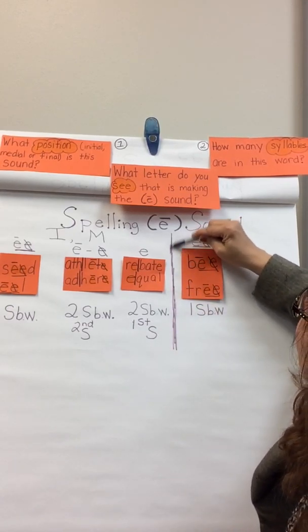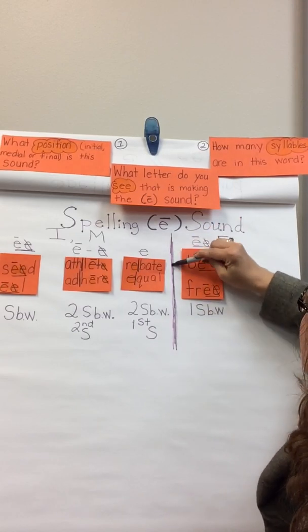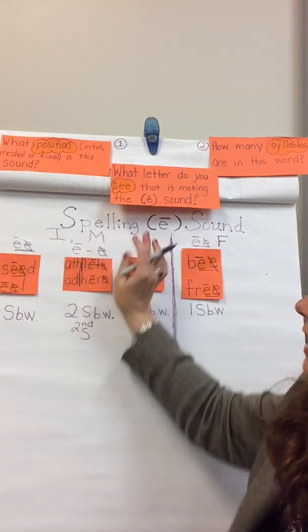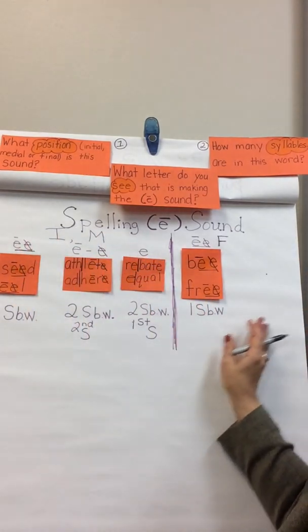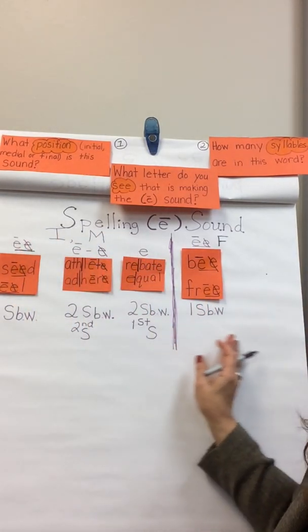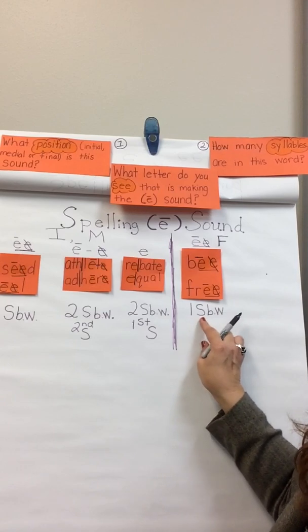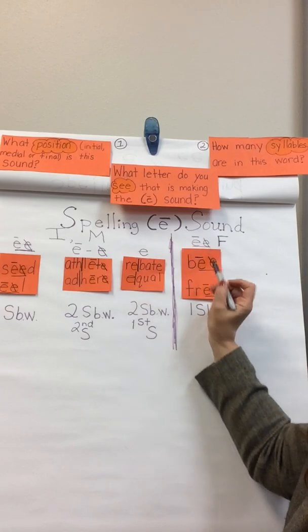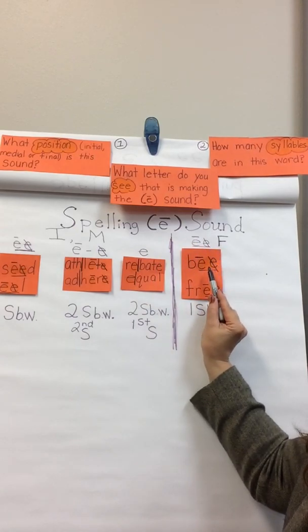Nice and big and dark so you can see it. This is initial and medial positions. These are final positions. We're going to be talking about the E sound. So in a one syllable base word, when I hear a final E sound, I'm going to spell it digraph E-E, as in be and free.